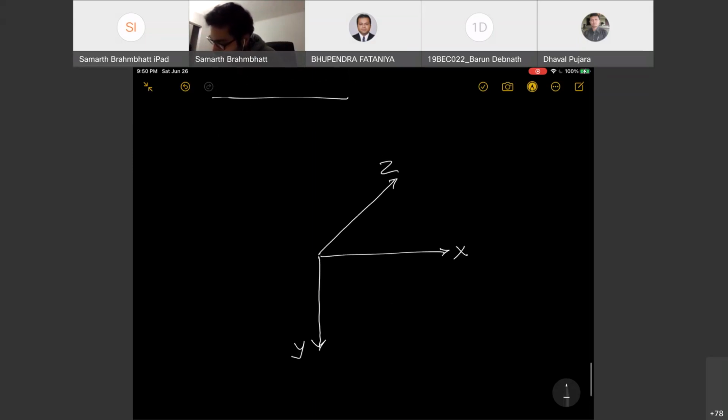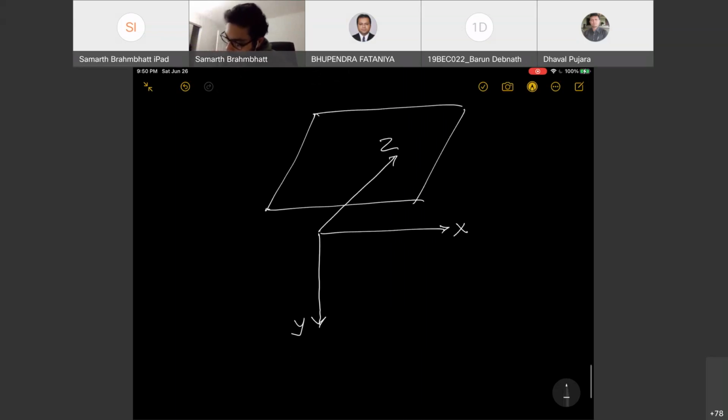And now the image is going to be formed somewhere here, right?